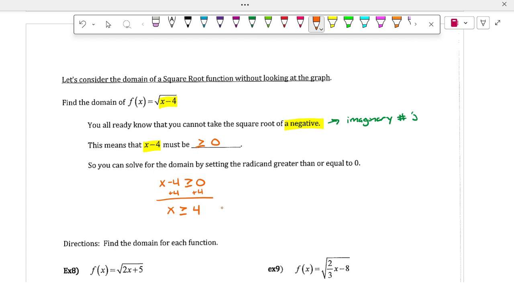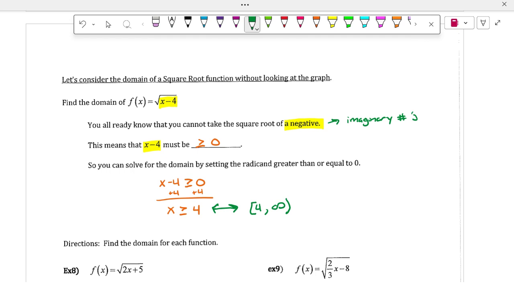How could I rewrite x is greater than or equal to 4 if I use interval notation? Bracket 4, comma, infinity. Yep, parentheses on the infinity. That's exactly what you do. Either one of these I would take, unless they explicitly ask for interval notation or inequality notation.